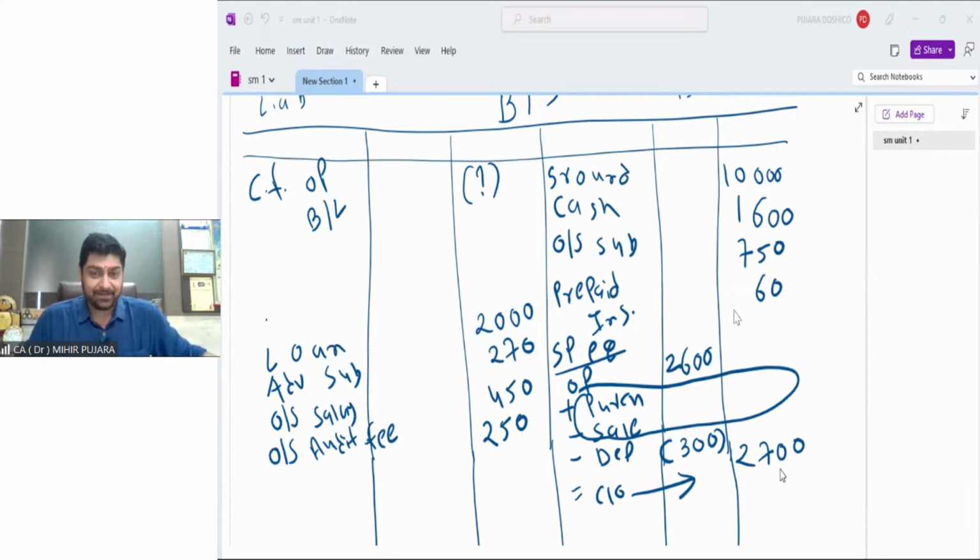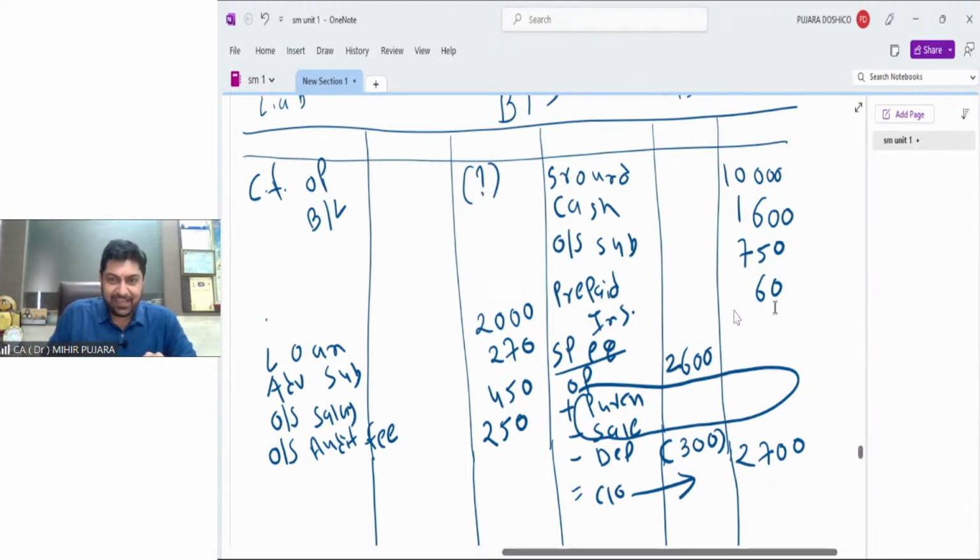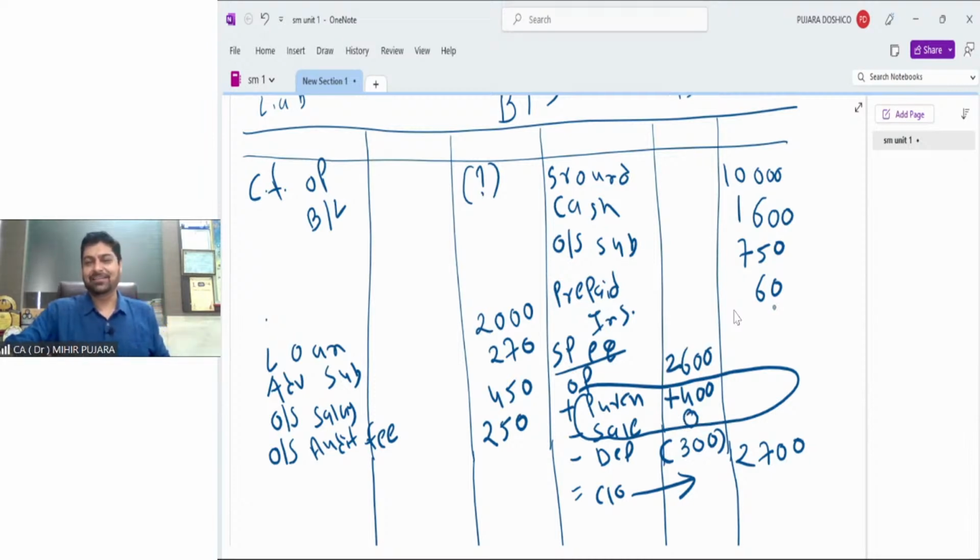Sir, if we add 400, तो ये इक्वेशन सही बैठता है. 2600 प्लस 400 माइनस 300 इक्वल टू 2700. डन गाइस? ऐड करना पड़ेगा. सो सेल इज 0 एंड परचेज इज 400.